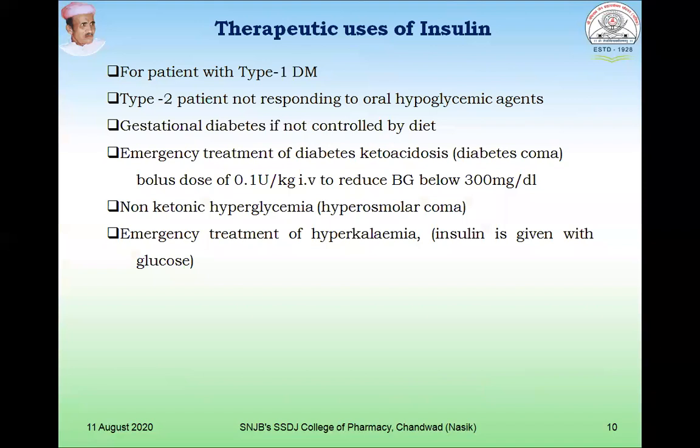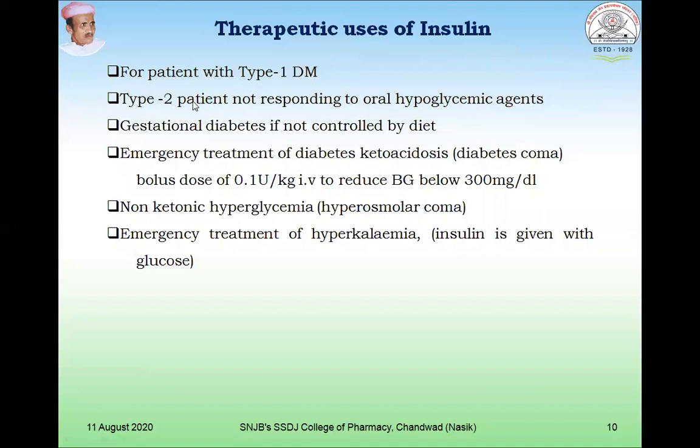Now, what are the therapeutic uses of insulin? Particularly, as you know, type 1 diabetes mellitus is insulin dependent diabetes mellitus, because the person is lacking the release of insulin from beta cells, either from birth or up to the adolescent level. So in such patients, insulin is administered.